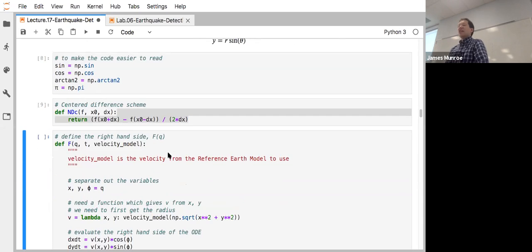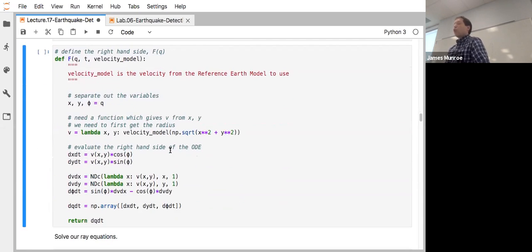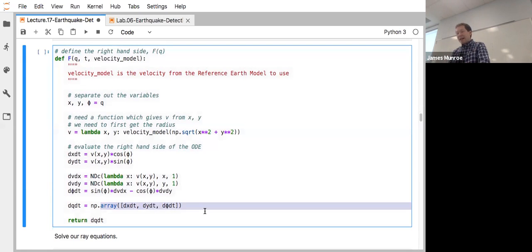And then I just need a right-hand side of the equation, the equations of motion. This is just the derivatives of all the variables in my system. In my system, I have a derivative of x with respect to time, derivative of y with respect to time, and a derivative of the angle with respect to time. I take those three derivatives and I give them back.